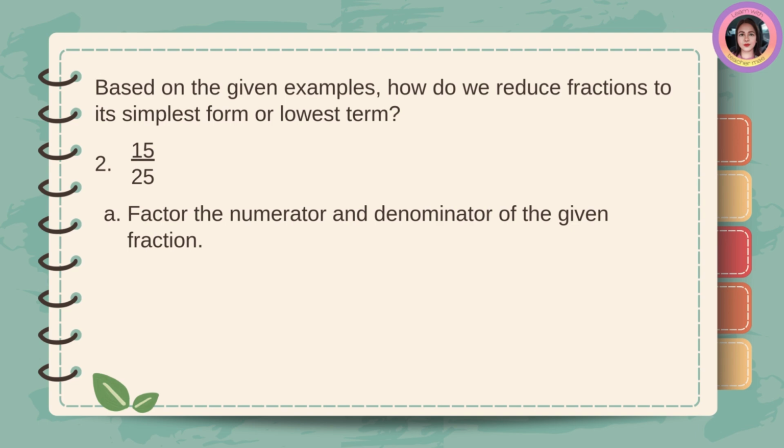Example number 2, 15/25. Factor the numerator and denominator of the given fraction. The factors of 15 are 1, 3, 5, and 15. The factors of 25 are 1, 5, and 25.